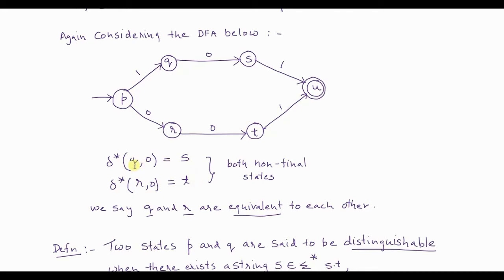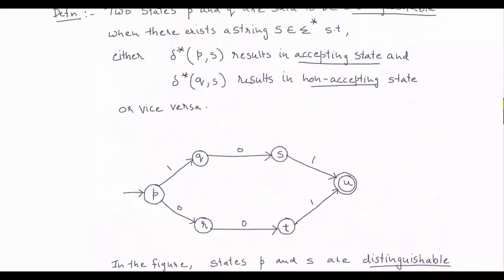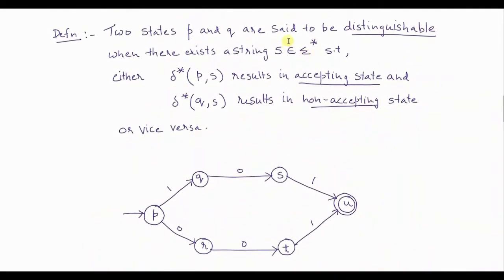Then Q and R are called distinguishable states, and that is the definition we are going to see now. So what is a distinguishable state? Two states P and Q are said to be distinguishable when there exists a common string S belonging to sigma star, such that the transition from state P on reading that whole string S results in an accepting state, and the transition from state Q on reading the same string S results in a non-accepting state.